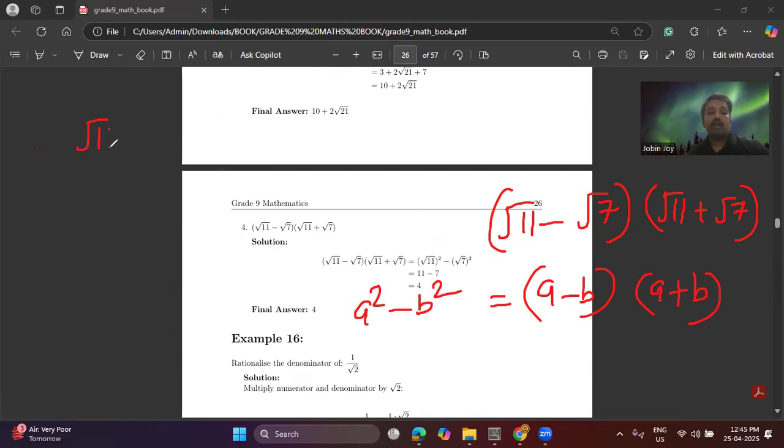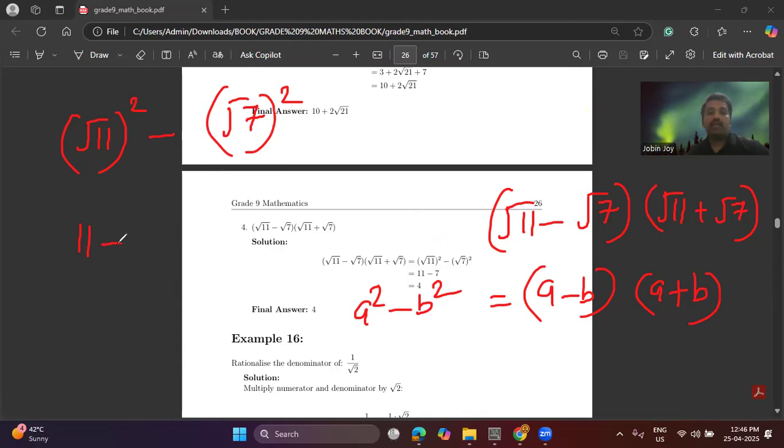So root of 11 square is 11, root 11 into root 11. Minus root 7 square, which is root 7 into root 7, that is 7. So 11 minus 7 is equal to 4. So the final answer is 4.